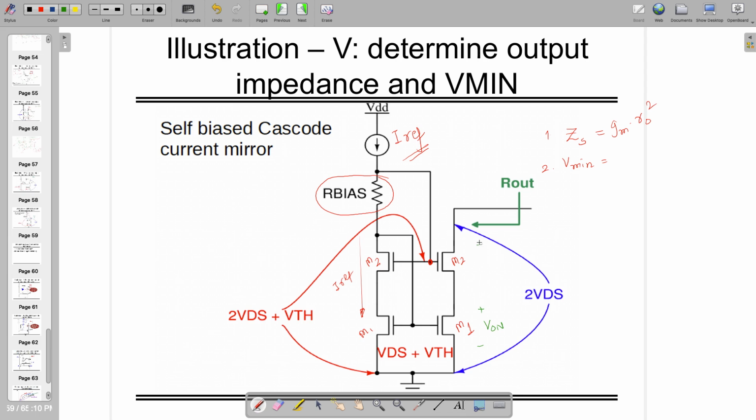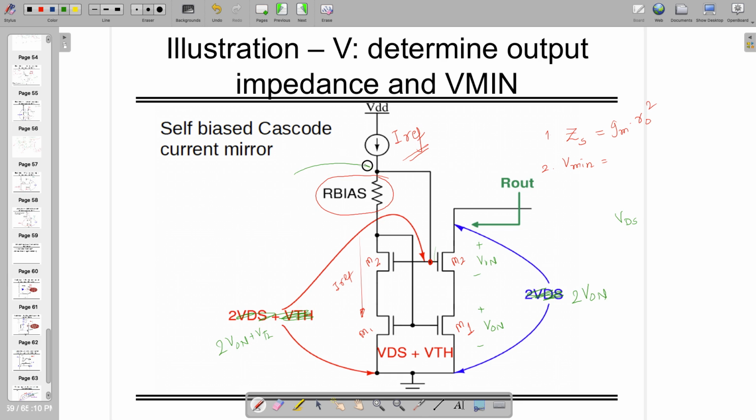So V on is actually equal to VDS, which is written here. We are going to have 2 V on across these two. To achieve this 2 V on, you need 2 V on plus VTH at the gate of this one.